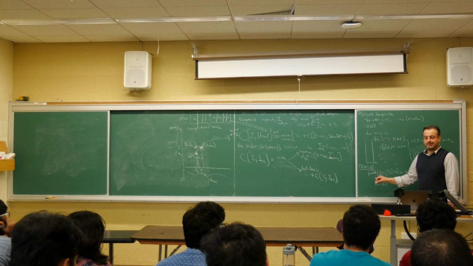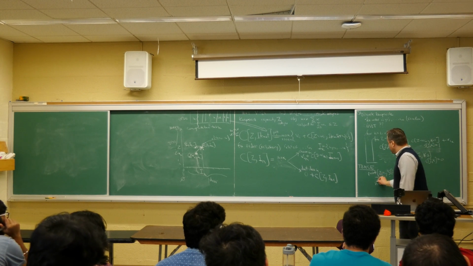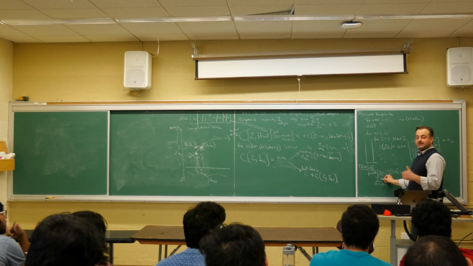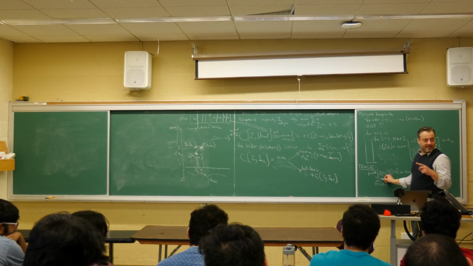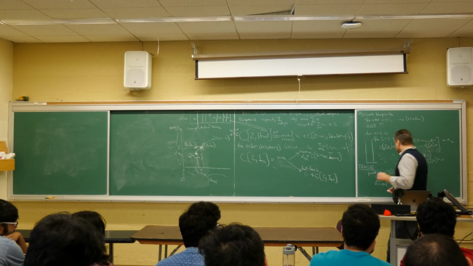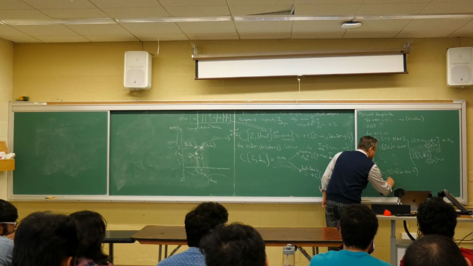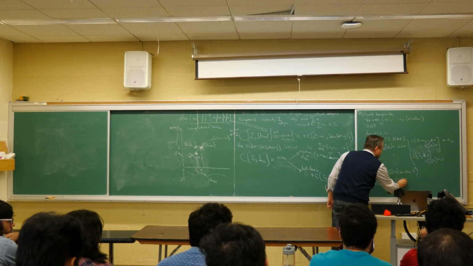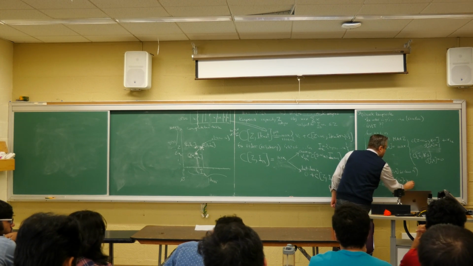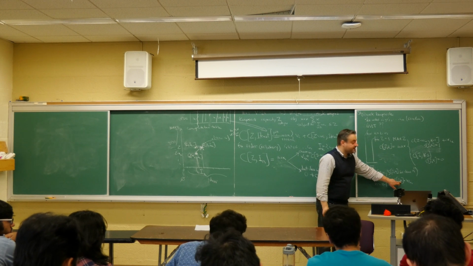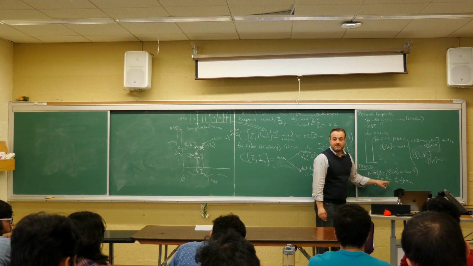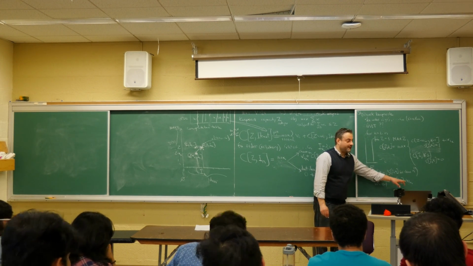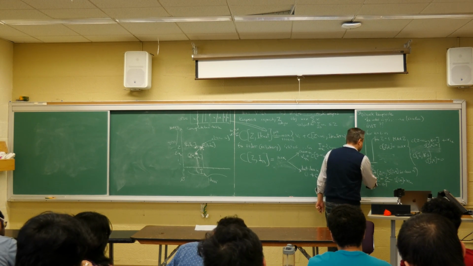Z will either stay Z if I didn't pick the item, or I could say Z minus S of Z and N, that's 0 or 1, times W, right? This is saying if this is 0, I keep the same Z, but if it's 1, I decrease the Z, right?